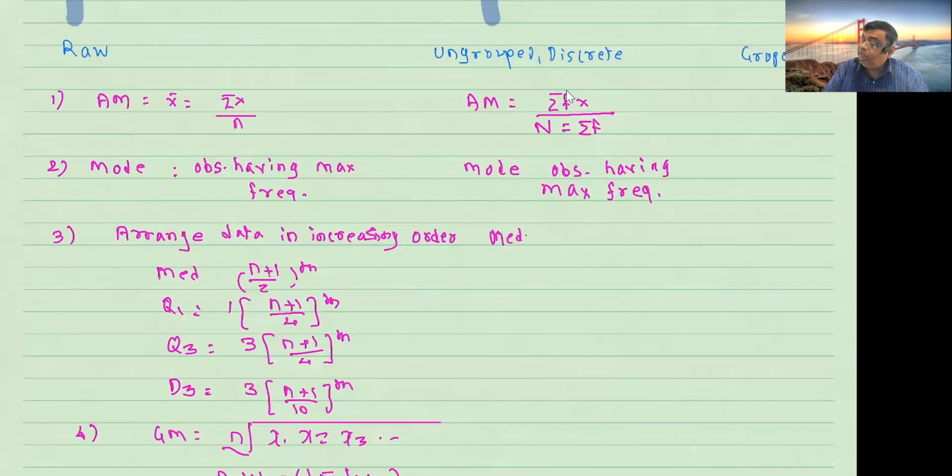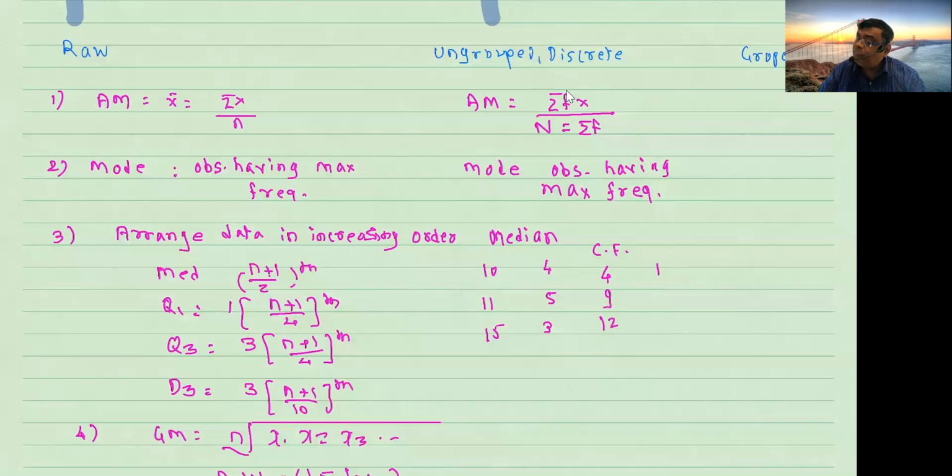Median के लिए अभी क्या करेंगे? I will find the cumulative frequencies. Just look at me. For example, if observations are 10, 11, 15, frequencies being 4, 5, 3, then I find the cumulative frequencies, being 4, 9, 12.